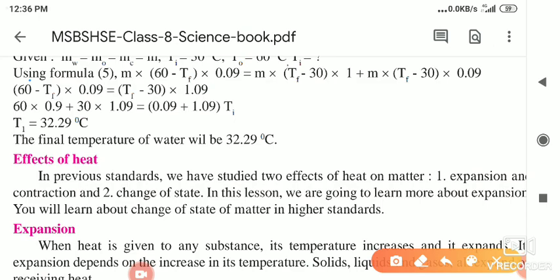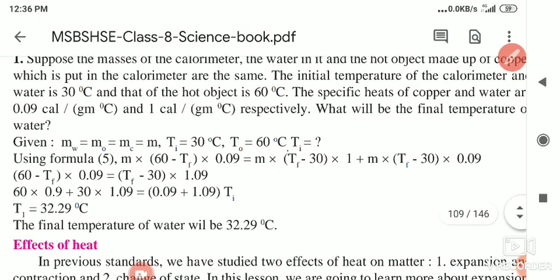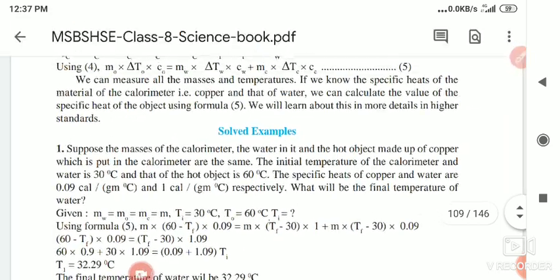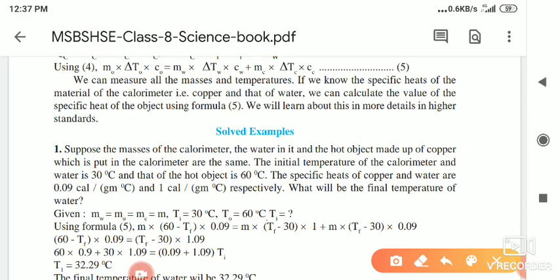So using the formula, the same formula we have to use for this. This last line is the formula. According to the formula, the mass of the object is m, so it is written directly.